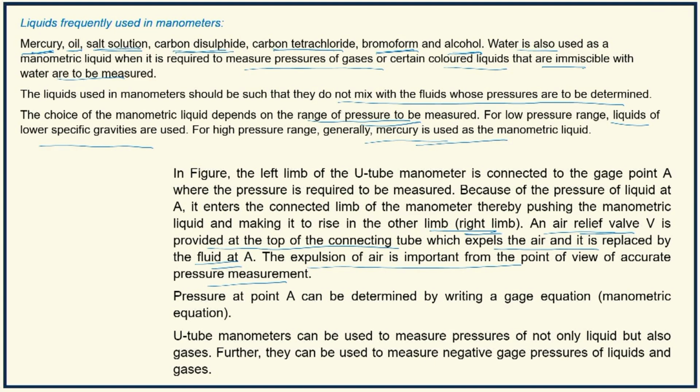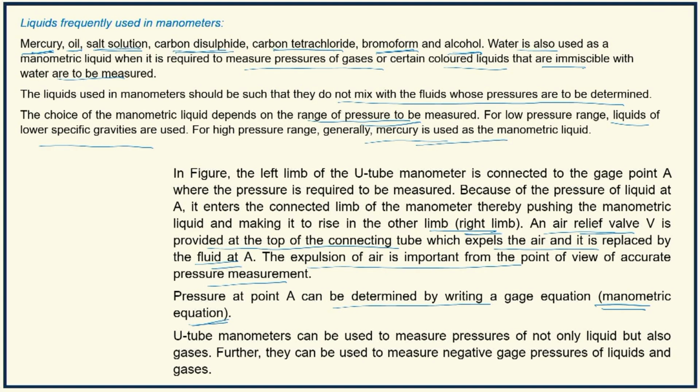So for accurate measurement of pressure, the expulsion of air in the manometer limbs is important. The pressure at point A can be determined by writing a gauge equation, what we call a manometric equation, developed in order to determine the pressure at the gauge point.